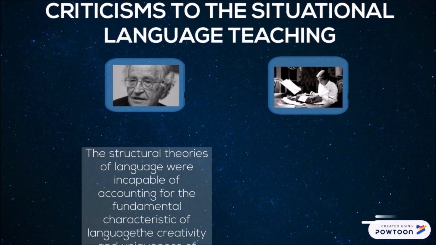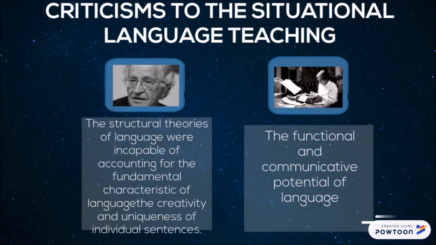Two criticisms of situational language teaching were these. The first one: Chomsky had demonstrated that the current standard structural theories of language were incapable of accounting for the fundamental characteristics of language, the creativity and uniqueness of individual sentences.